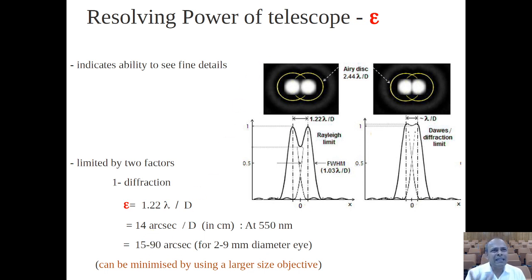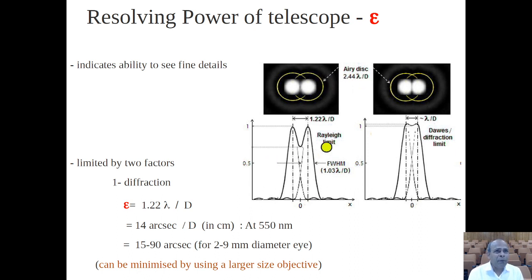When we say resolving power, we set a criterion called the Rayleigh criterion. If two PSFs, Airy patterns, are formed, and the separation of the peaks is 1.22 lambda by d, then we say these two sources are resolved. The Airy disk diameter is 2.44 lambda by d.